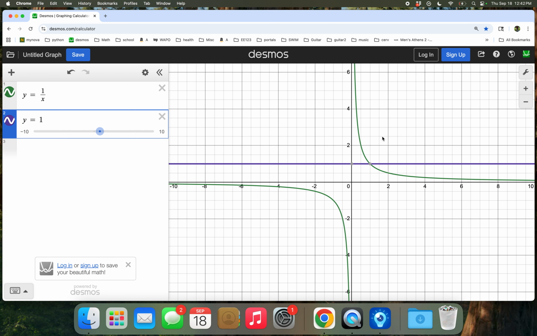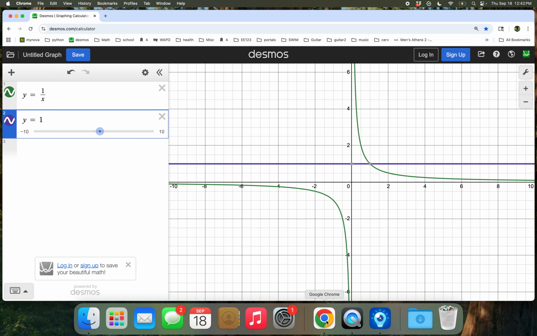I want to know when is 1 over x greater than 1? That only happens when the green is above the purple, only between 0 and 1. It's not greater over here, so it's not x less than 1.